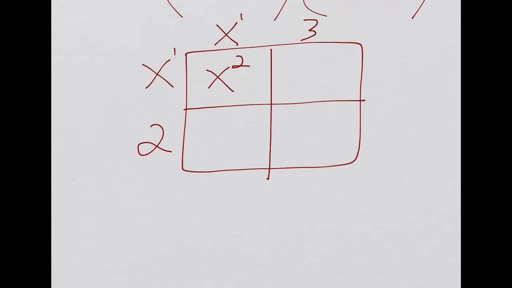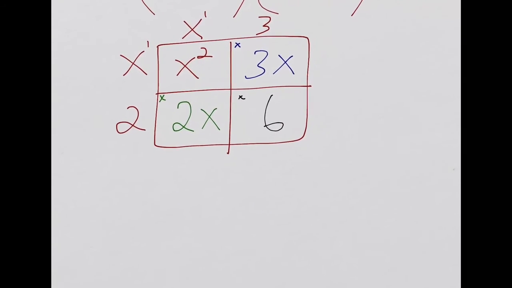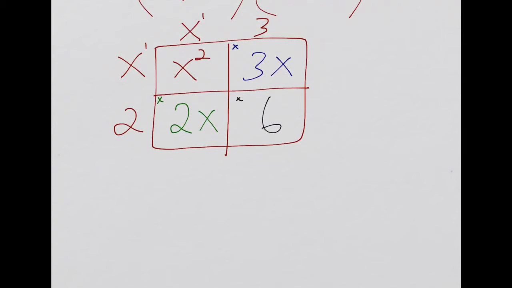The area of this box down here is 2 by x, because the formula is length times width. This gives me 2x. And the area of this one on the right is x times 3, or 3x. And finally I have 3 by 2, which is 6. To figure out the total area of all 4 boxes, I'm going to add these together.